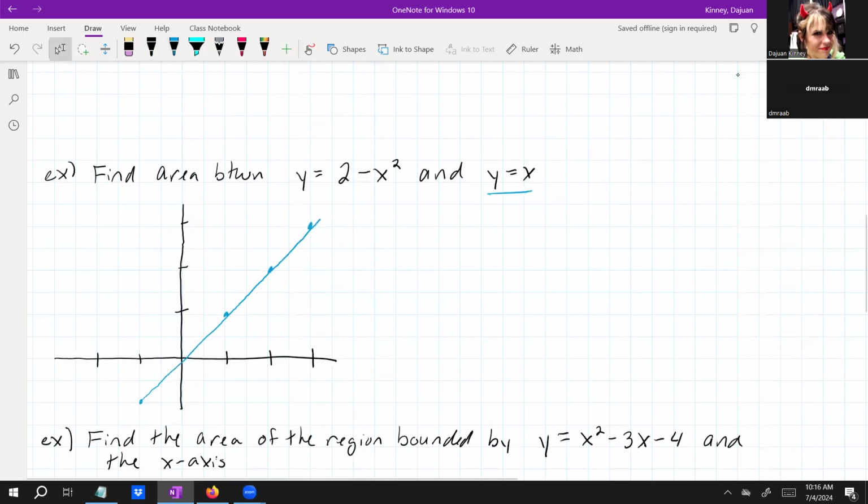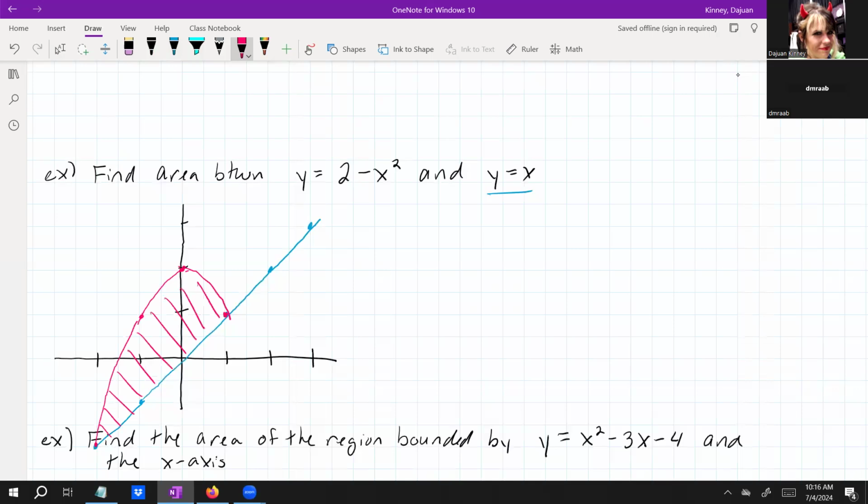Okay, this says the area between. So we're not given our limits of integration. We have to figure that out. So 0, 2, if I plug in 1, I get 1. If I plug in 2, I get -2. It's gonna mess up my next problem a touch, but that's okay.